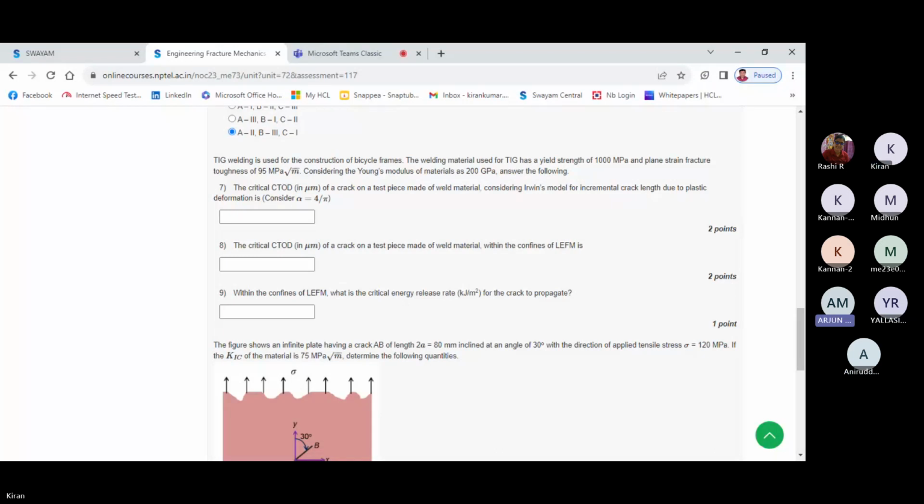I think there are two profiles logged into this Teams. That's why the echo is coming. If you don't mind, can you share your screen? I will switch off.